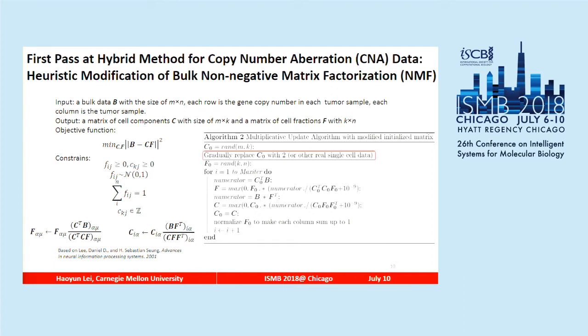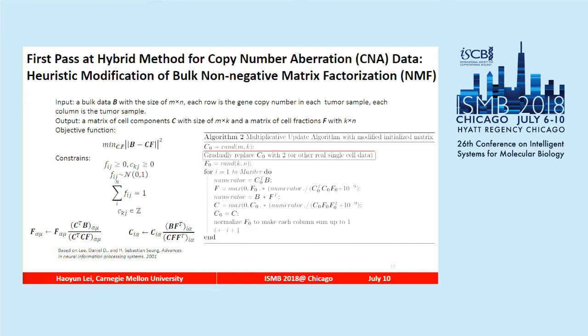However, we are trying to infer the copy number of the gene, which is deterministic, and the original NMF algorithm starts from random initialization, so the average accuracy is very low. From the biological aspect, genes are dominantly diploid.